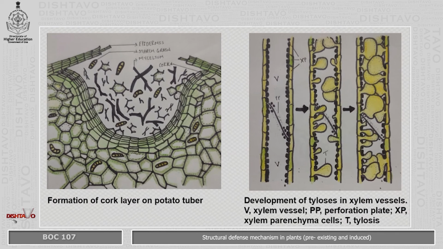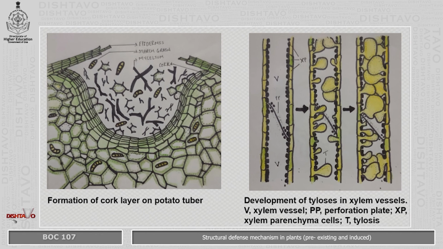We can see the formation of cork layers on the potato tuber, which will check the entry of the pathogen, that is fungi or bacteria, into the inner cells. It will also check the passing of nutrients and food material to the pathogen, which will make the pathogen die off.